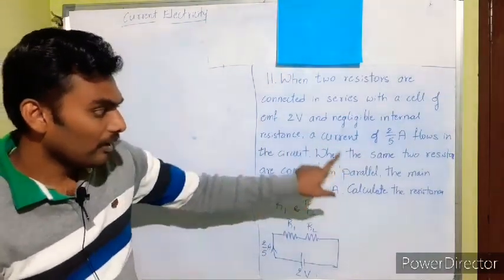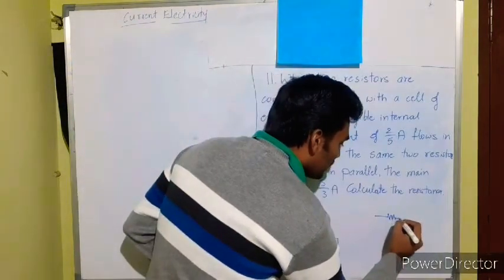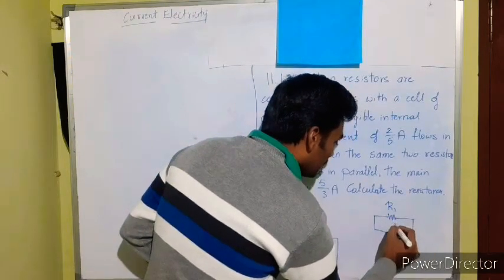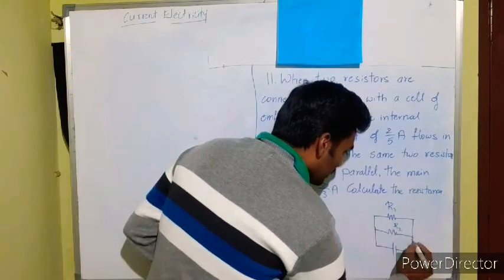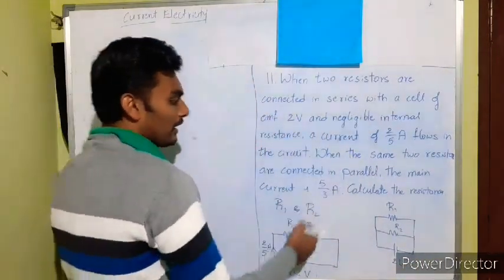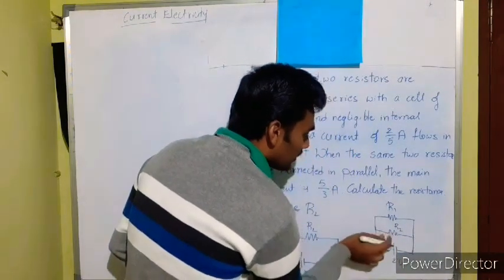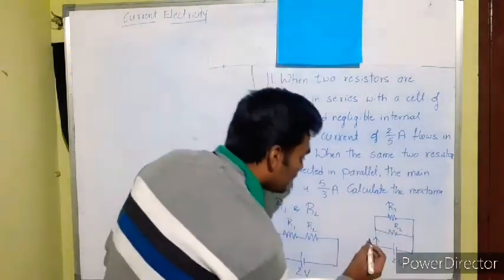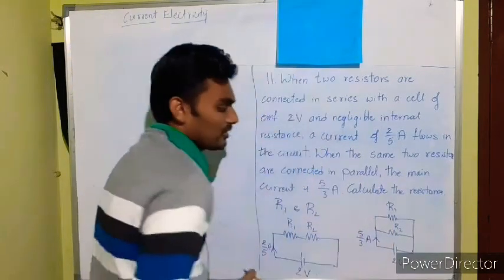And now when the very same two resistors, R1 and R2, are connected in parallel with the same battery of 2 volt, then the main current, which means the current drawn from the battery itself, not in the branches, is found to be 5 by 3 ampere in this situation.